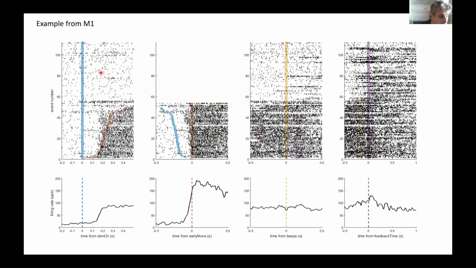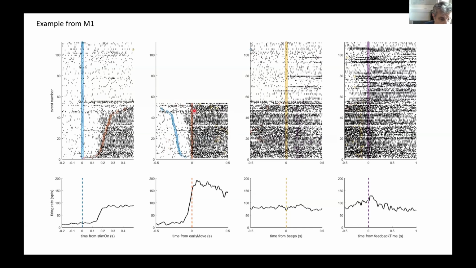Another example from motor cortex, the visual stimulus doesn't give us much. The movement here is what gives us a lot. And actually, you see that sometimes there's activity in advance of the movement in motor cortex, which you might expect. The motor cortex is what's planning the movement. So it's not surprising, perhaps, that there's some activity prior to the movement.